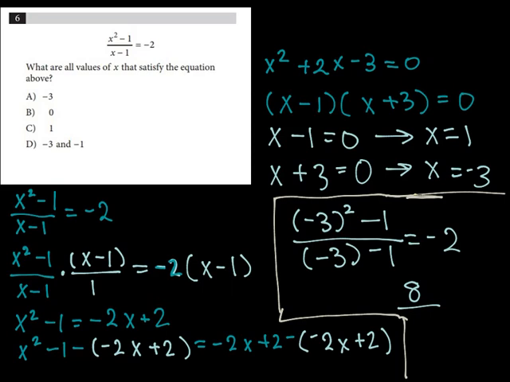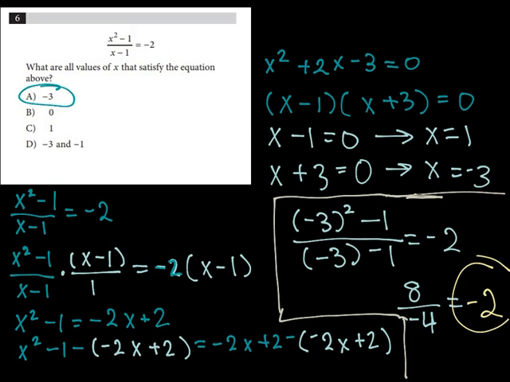And in the denominator, negative 3 minus 1 would be negative 4. So we have 8 over negative 4, which simplifies to negative 2. So we are correct, and our answer would be option A, which is just negative 3.